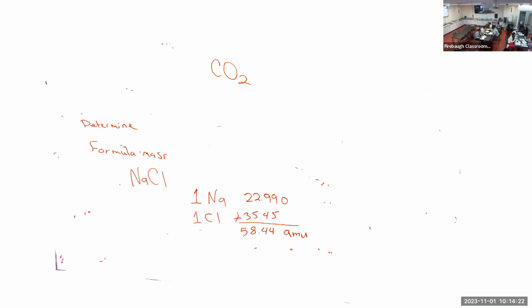So it's going to be done exactly the same way. The only difference is that we call this molecular mass. So we would say determine. Okay, so then how would I do that?